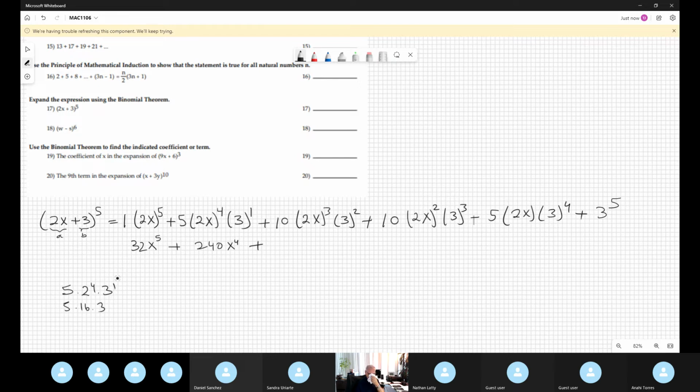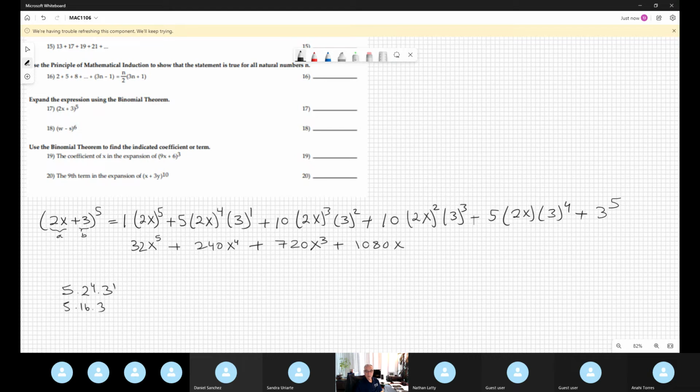Plus likewise, it's a 2 to the cube is 8, times 10 is 80, times 9 is 720. X cubic plus. This is 2 to the 2nd power is 4. 4 multiplied by 27 multiplied by 10 is 1080. You can verify in your own calculator.